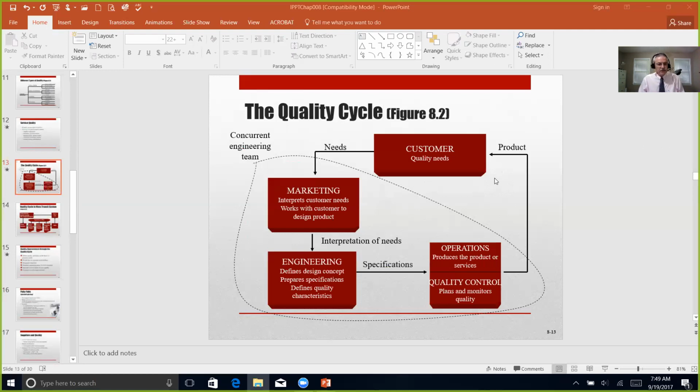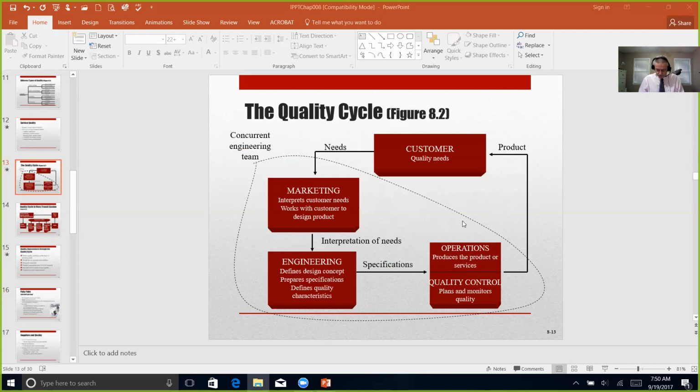Then over on page 167, we go into the quality planning and control. And this is where this quality cycle comes into play in figure 8.2. And it's really looking at the customer needs, how they are determined. It's typically determined through marketing functions, because the marketing is going out and doing their marketing research.